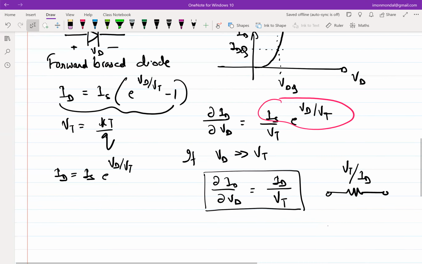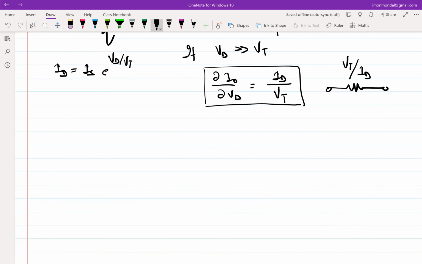So let's get to something which we haven't yet been dealing with. Let's have a capacitor. So how will we go about analyzing a capacitor?